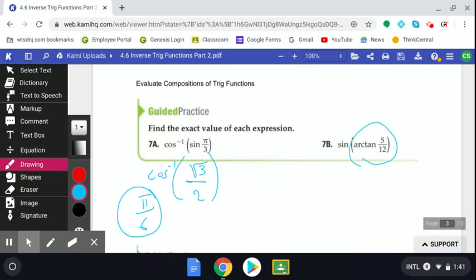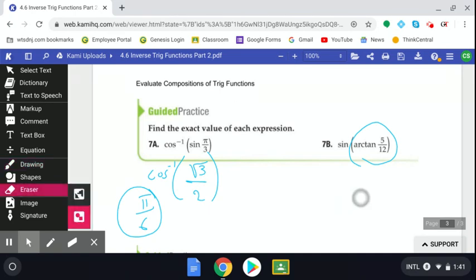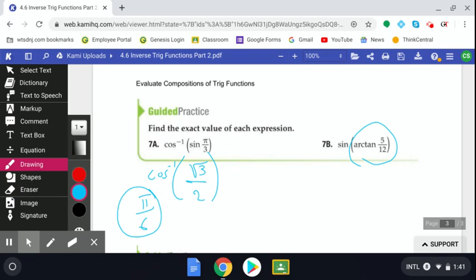Okay, so which angle has a tangent that is 5 over 12? So let's say I'm talking about a triangle like this, okay?